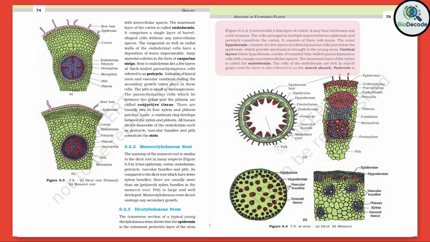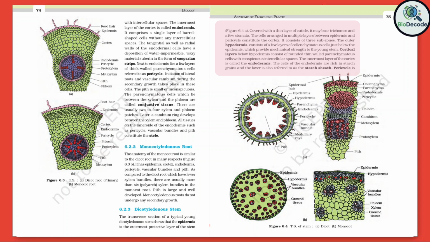The cells arranged in multiple layers between the epidermis and pericycle form the cortex, which consists of 3 subzones. The outer hypodermis is composed of a few layers of collenchymatous cells that provide mechanical strength to the young stem. Below the hypodermis, the cortical layers consist of rounded, thin-walled parenchymatous cells with conspicuous intercellular spaces.